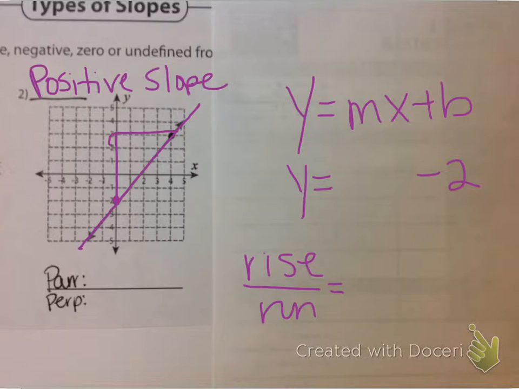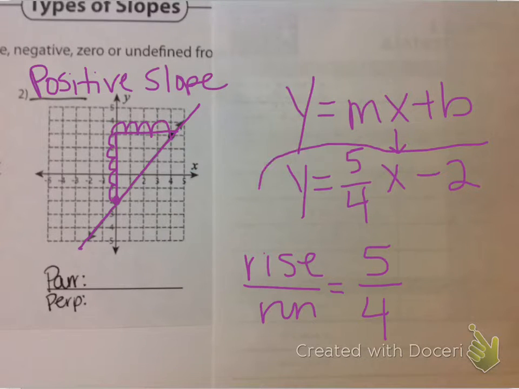My rise up is 1, 2, 3, 4, 5. And the run across, 1, 2, 3, 4. So I'm going to go ahead and input that positive 5 over 4 right here and add my x. This right here is the equation to this original purple line that we have.